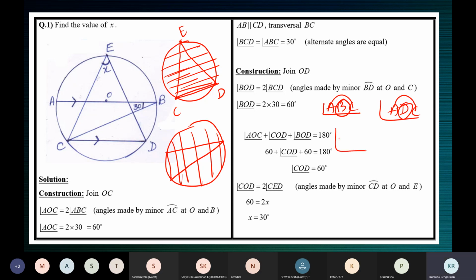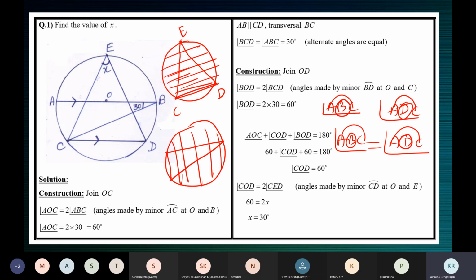Angle ABC is made by the arc AC at B, and angle ADC is made by the arc AC at D. Now these two can be angles in the same segment of a circle, because they're made by the same arc at two different points B and D. They should be in the same segment.